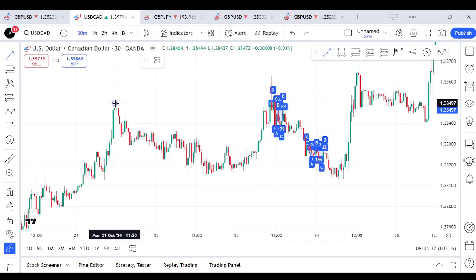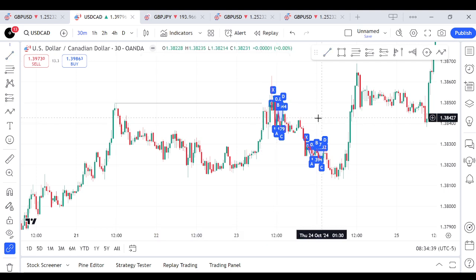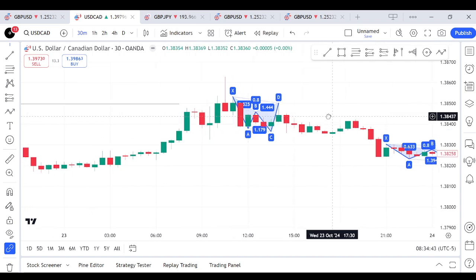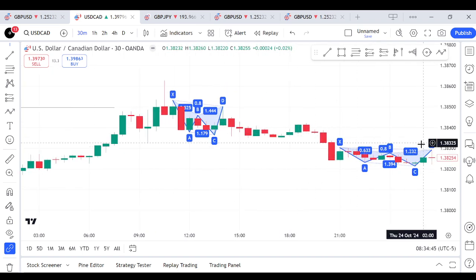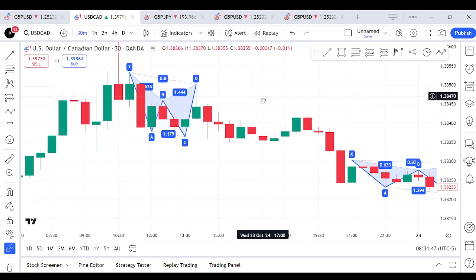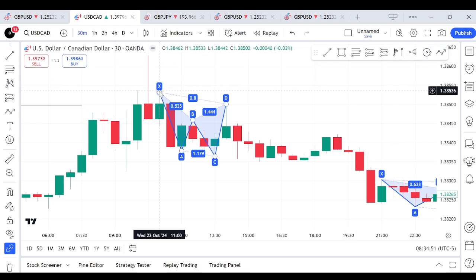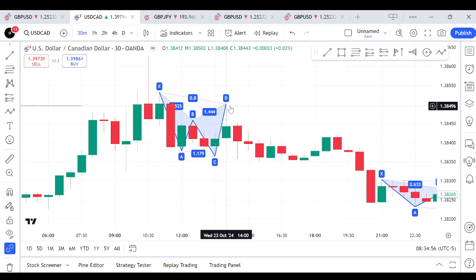We broke structure to the upside, and this was a retracement, yes. And you can see price giving us this bearish cipher pattern right here, and you see the first X to A, then retracement to B, an extension to C, and the last bus stop at D.